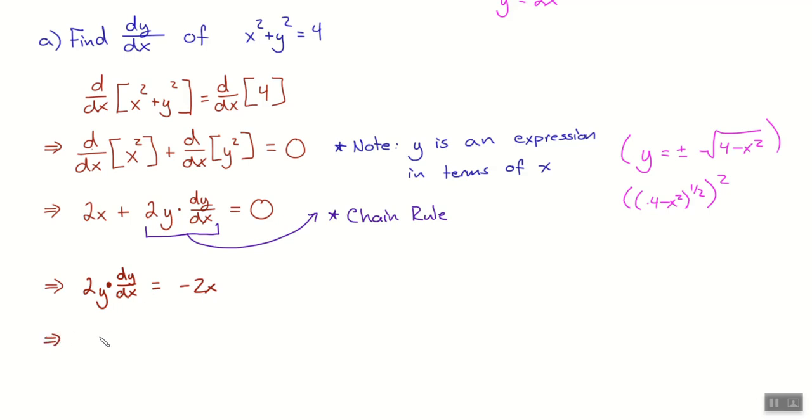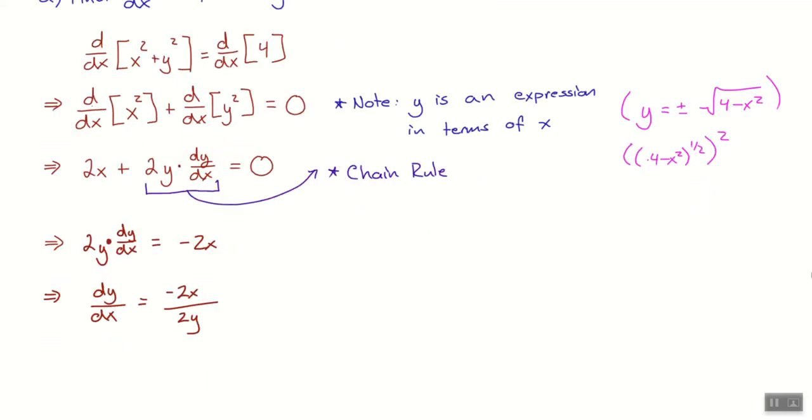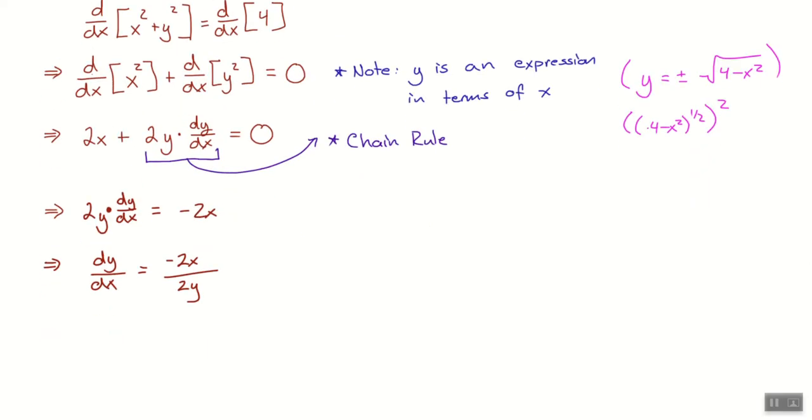By 2y, which means we get dy dx equals negative 2x over 2y. And then one more step. Is there any obvious simplification that we should all endorse? So the 2's divide out, and we wind up with dy dx is exactly negative x over y.